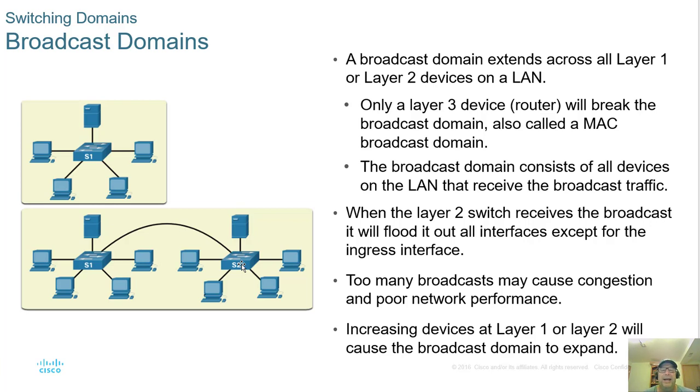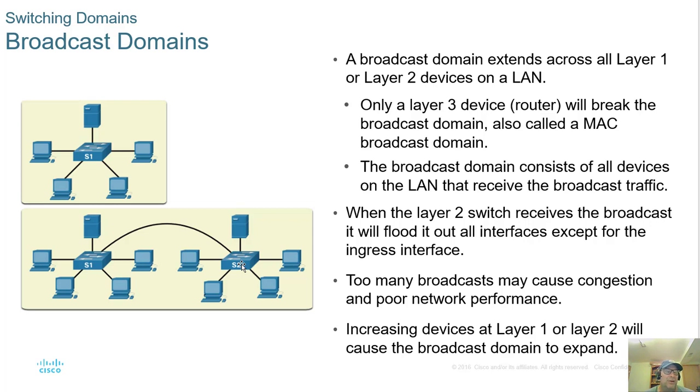IPv4 and Ethernet are broadcast technologies. So we talked about ARPing before, and we talked about gratuitous ARP. A gratuitous ARP is a message that has a destination MAC address of all Fs, and it's going to go to every other device on the network. So if one of the devices in one of these diagrams wanted to send out a message, the other ones would get it.